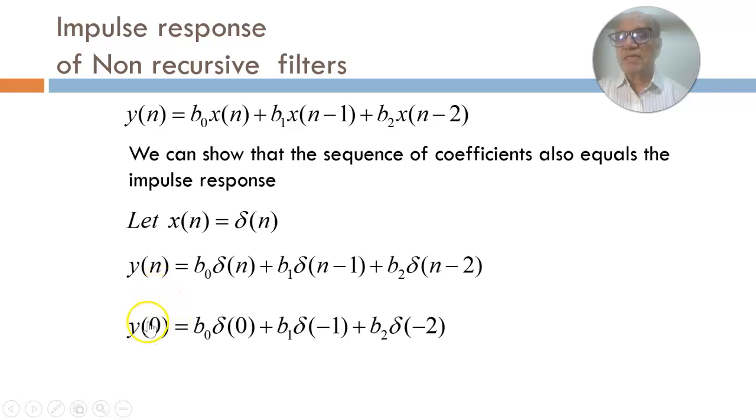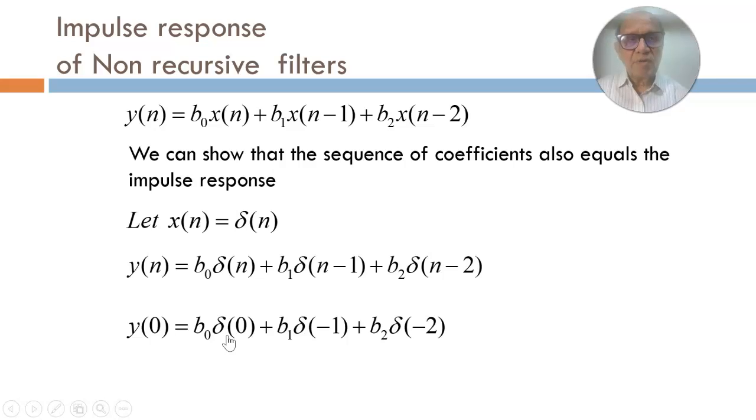First suppose n is equal to 0, the sample number 0, y[0]. This is equal to b0 delta[0] plus b1 delta[-1] plus b2 delta[-2]. Now if you remember your digital unit impulse, we are talking about a digital filter here.